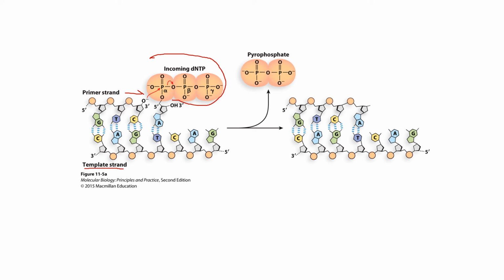The nucleotide comes in as a triphosphate, so there are 3 phosphates. After the reaction is catalyzed, 1 phosphate is ligated into the sugar phosphate backbone, that's the new phosphate that we just put on, and then this is the byproduct, the pyrophosphate. That happens in a stepwise fashion, driven by the sequence on the template strand.